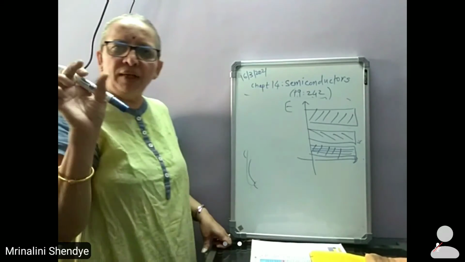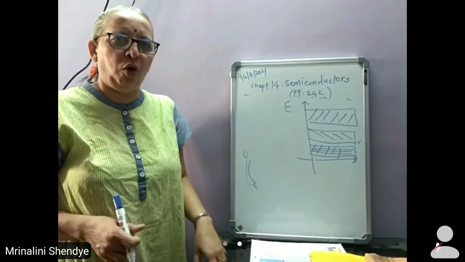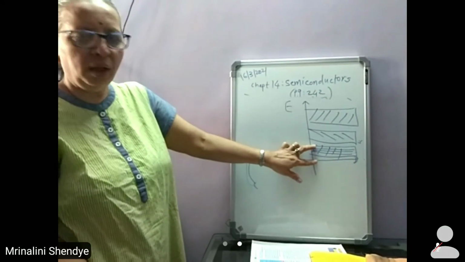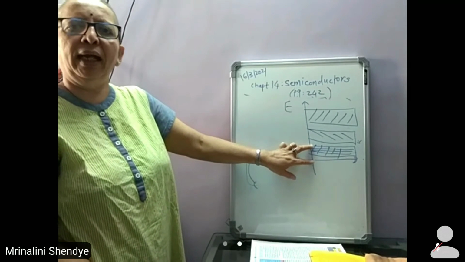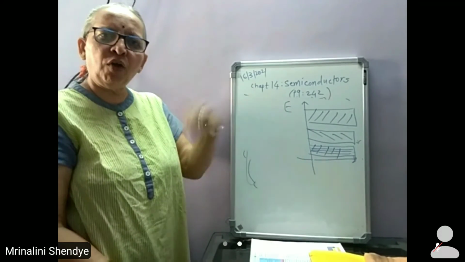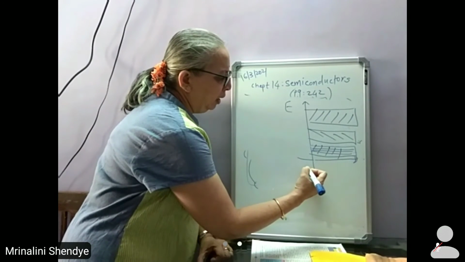But the difference between energies of these electrons is very small. They are very close to each other and they form a group of sublevels. And such a group is called an energy band. So we get energy bands instead of discrete energy levels when we study a crystal.